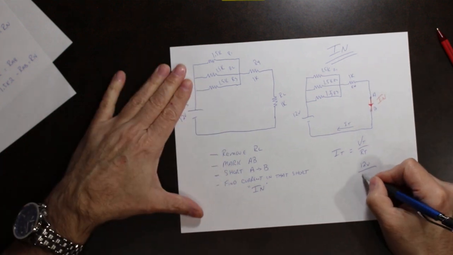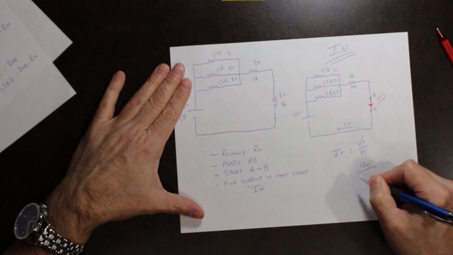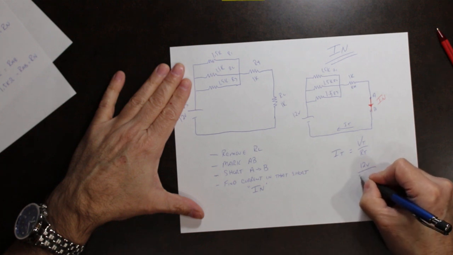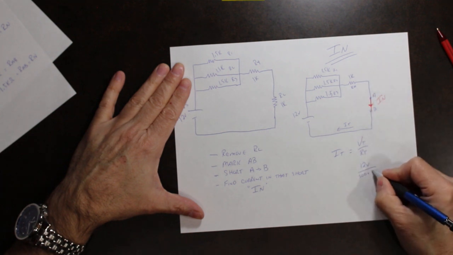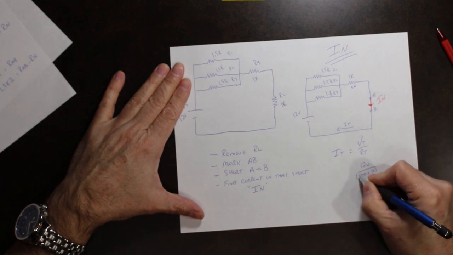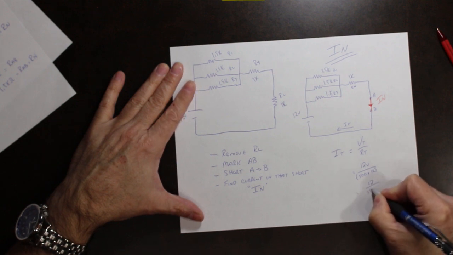So again, that becomes 1.5 in parallel with 1.5 in parallel with 1.5, which becomes 500 plus 1K, and that is 1500, or 1.5K.